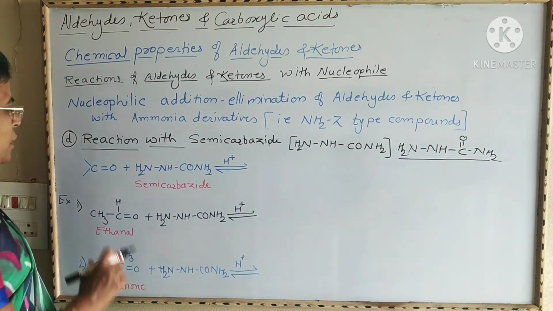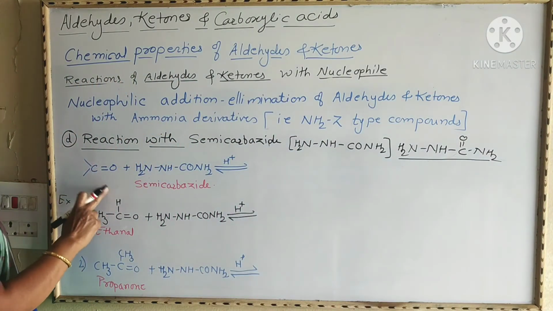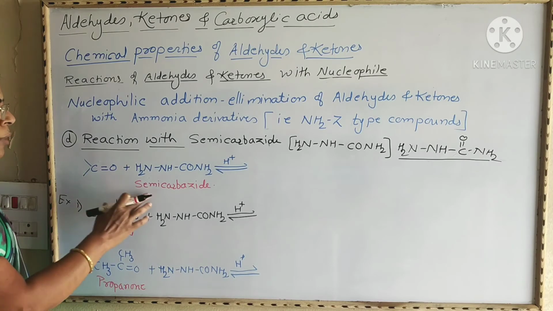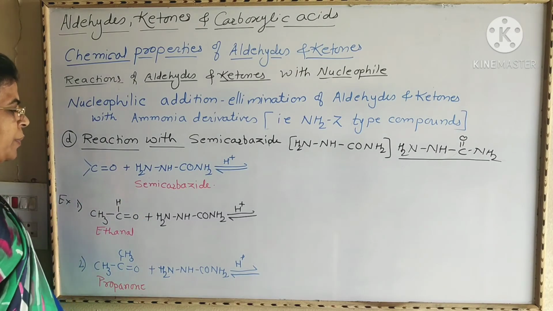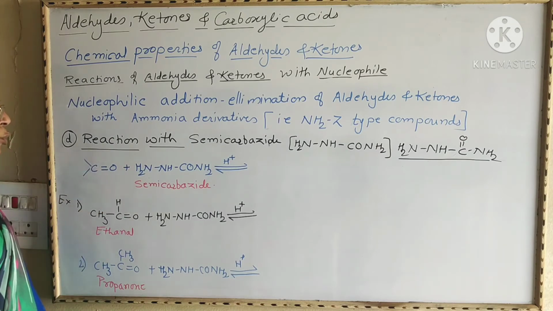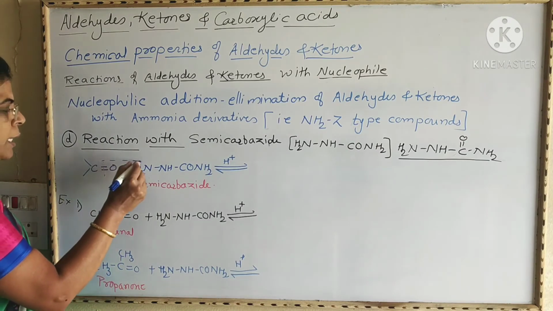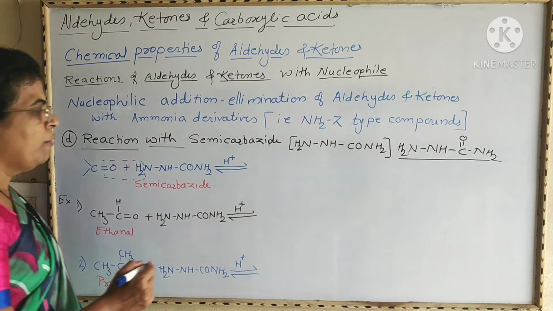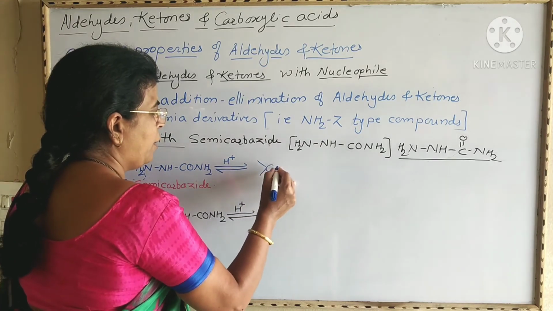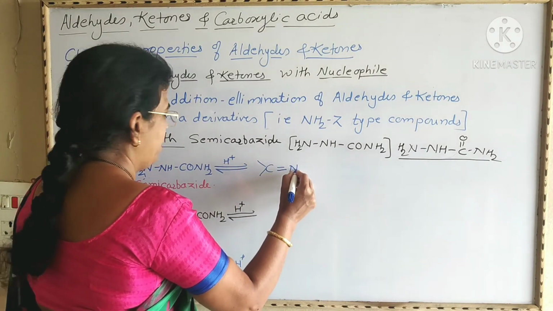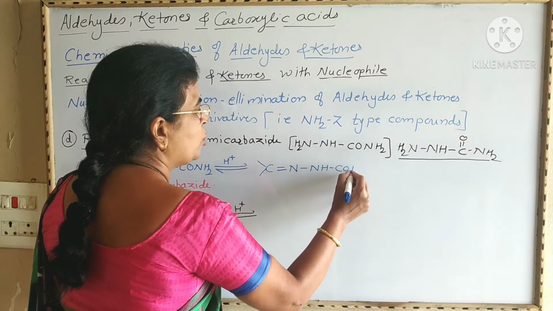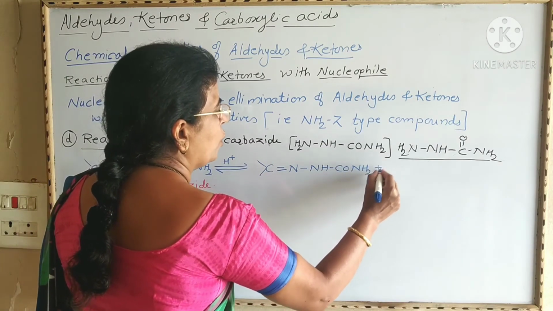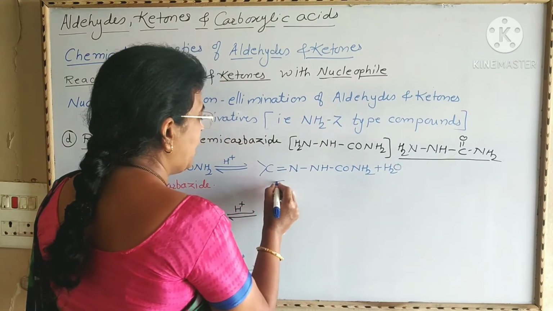Now when an aldehyde or ketone or any carbonyl compound reacts with semicarbazide in weakly acidic medium, then removal of H2O takes place like this, and we'll get C double bond N NH CO NH2 plus H2O. The name of this compound is semicarbazone.